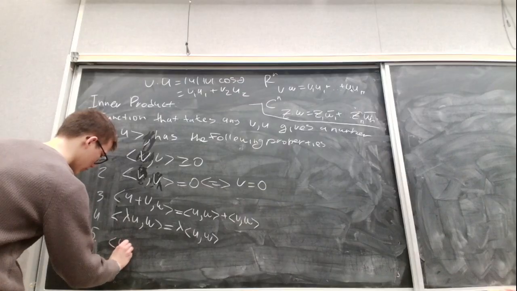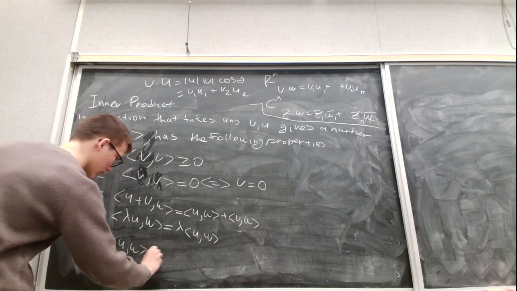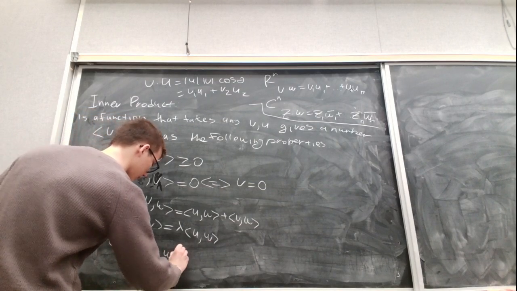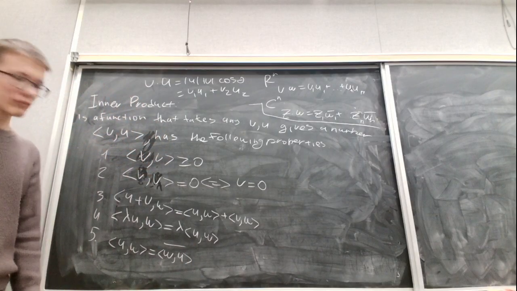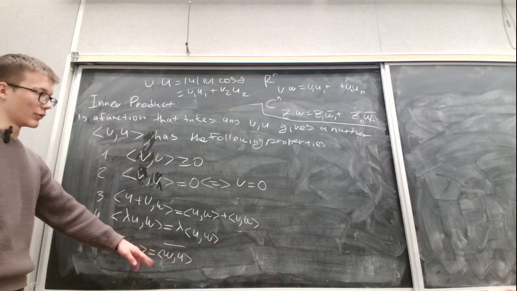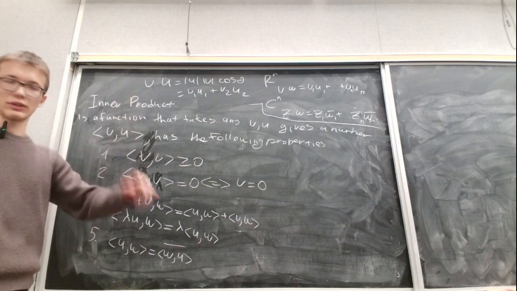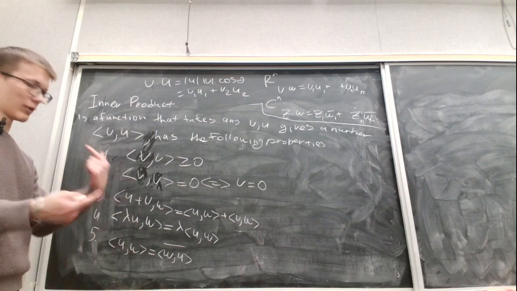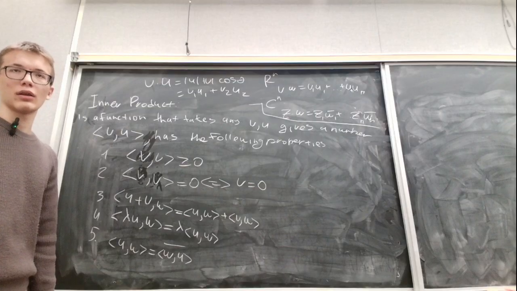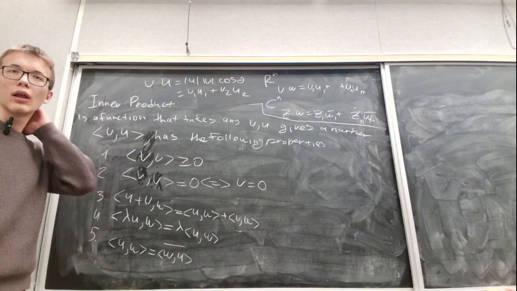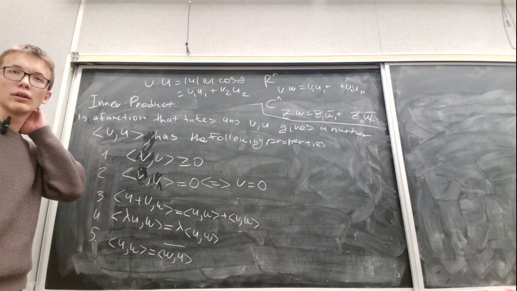Conjugate symmetry, I think it's also called skew symmetry. It's called a million things. It's like when you write a complex conjugate, it's a line over it, and you swap the entries. Must this exist when you define an inner product over the reals?